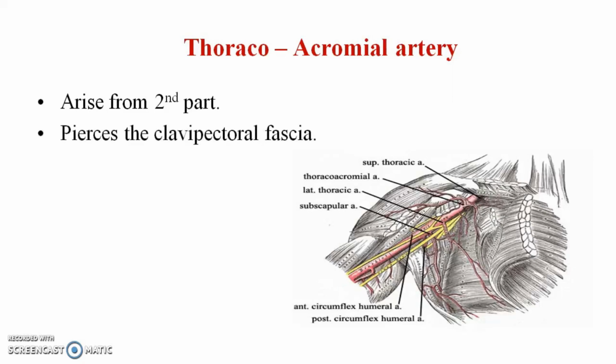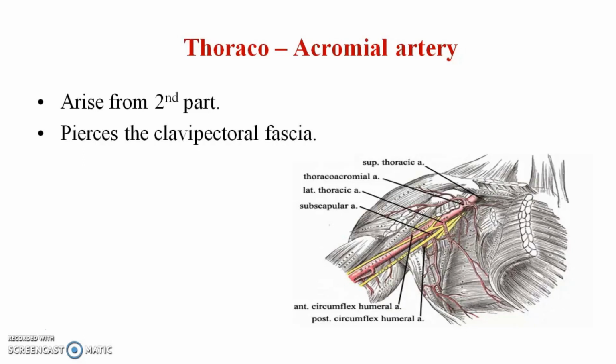And coming from the second part of axillary artery, it is going to pierce the fascia called clavipectoral fascia, which we dealt earlier. Clavipectoral fascia is pierced by four important structures such as lateral pectoral nerve, cephalic vein, thoracoacromial vessels, along with lymphatics.